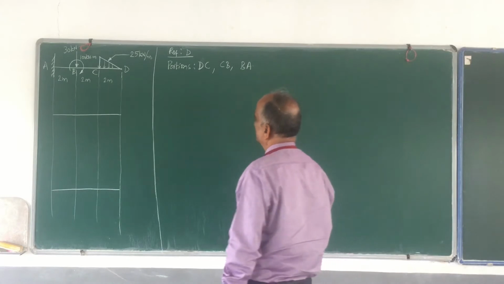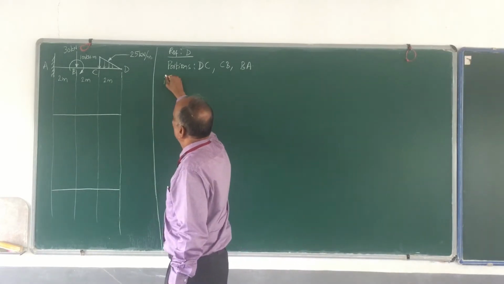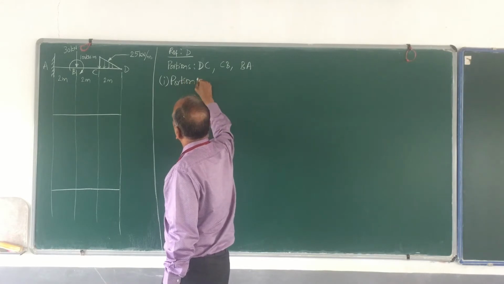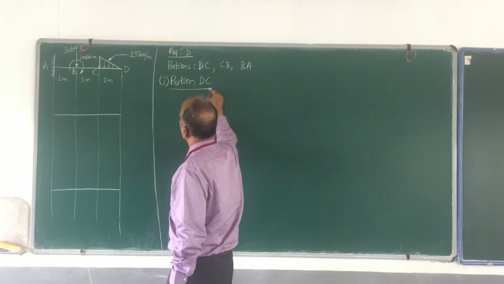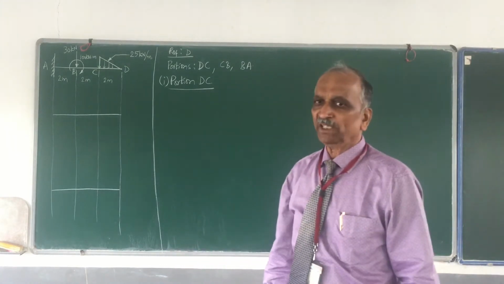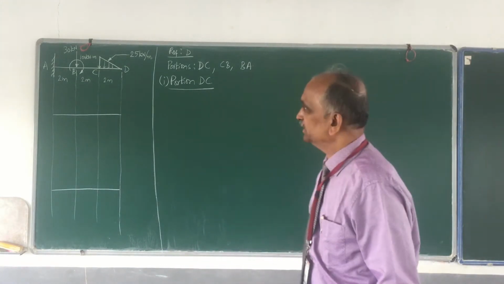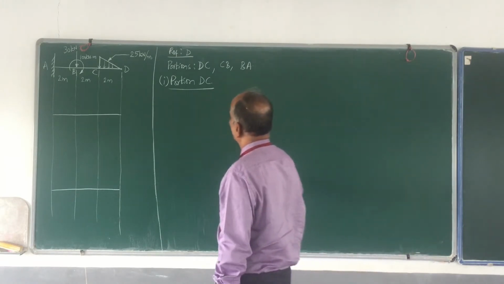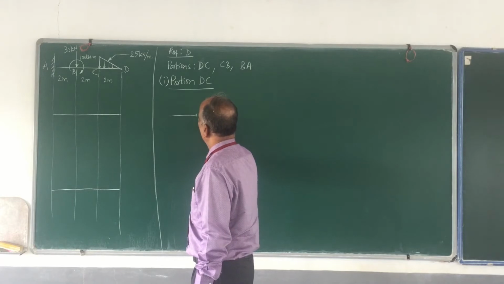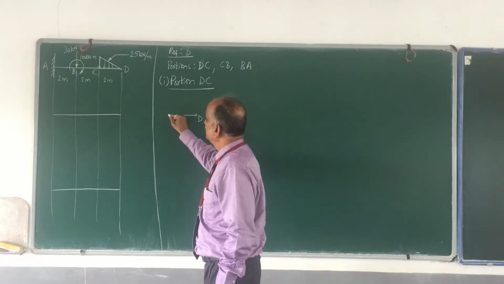Okay, probably I can start with portion number 1, portion DC. What you have to do? Take a section between D and C, and draw the free body diagram. Okay, this is D, and this is my section.